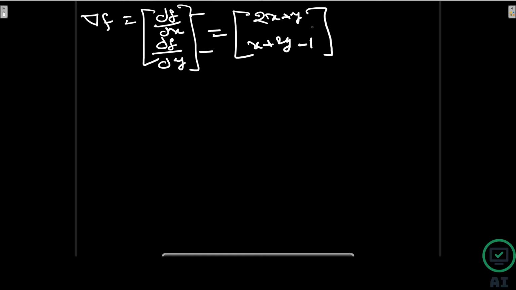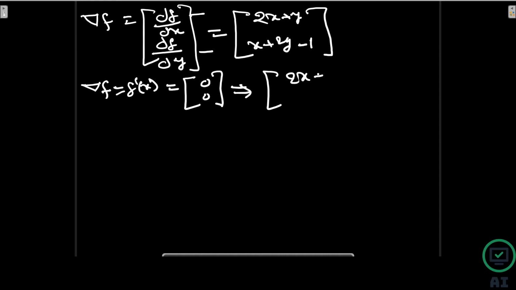So it achieves global or local minima or global or local maxima only for the point for which its first derivative is 0. That means it achieves local minima when this first derivative is equal to 0, which implies 2x plus y, x plus 2y minus 1 equal to 0, 0.